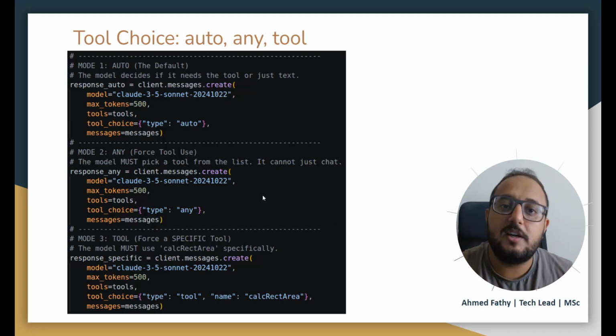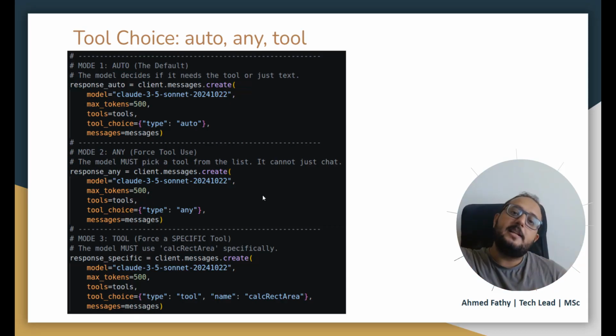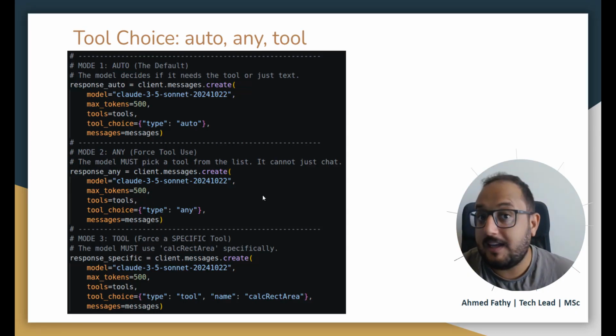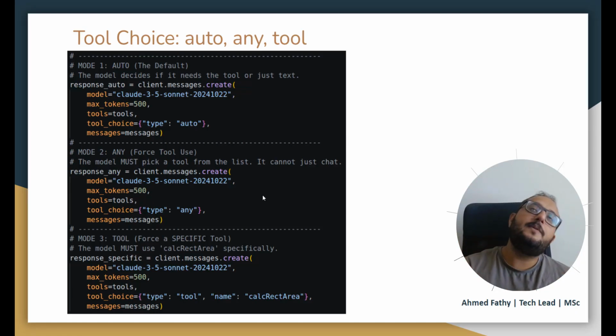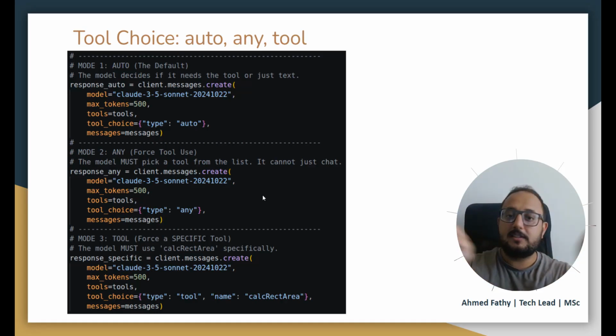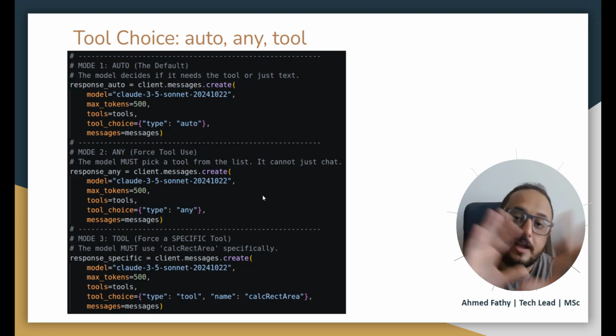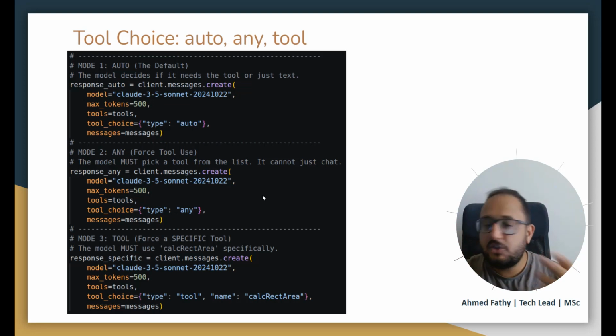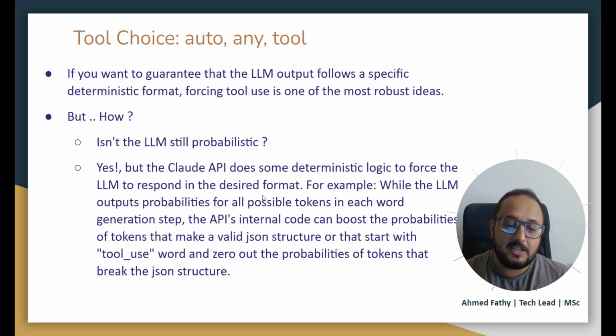So you can do some engineering to artificially increase the probabilities of some of the valid tokens and zero out the probabilities of completely invalid tokens. Similarly, if you expect some response that starts with tool in some tags, you can also increase the probability of this specific format using some engineering hacks. This is called guided decoding.